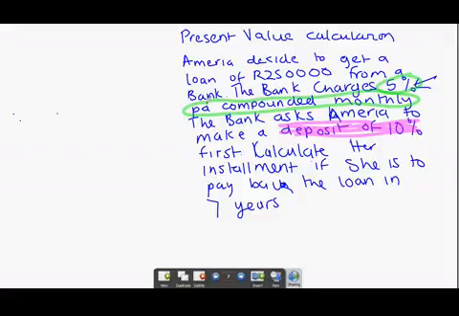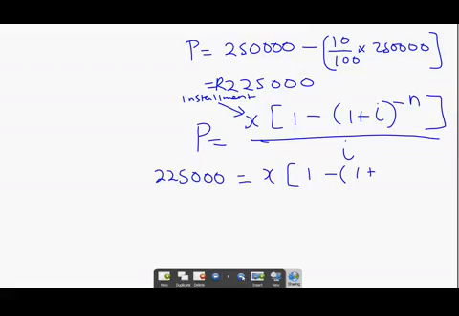So once we accept that it's being compounded monthly, we can now go back and say this interest is going to be 5 over 100. Compounded monthly means divide by 12, and then this is minus, and then again the number of months.